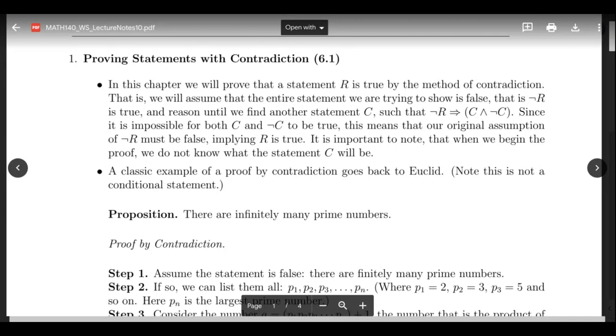If we want to prove the statement is not true, it's a false statement, we find one counterexample to say, okay, you were saying for all this is true, but as long as I find one thing which is not true, that proves the whole statement is false. So that's called a proof by contradiction.